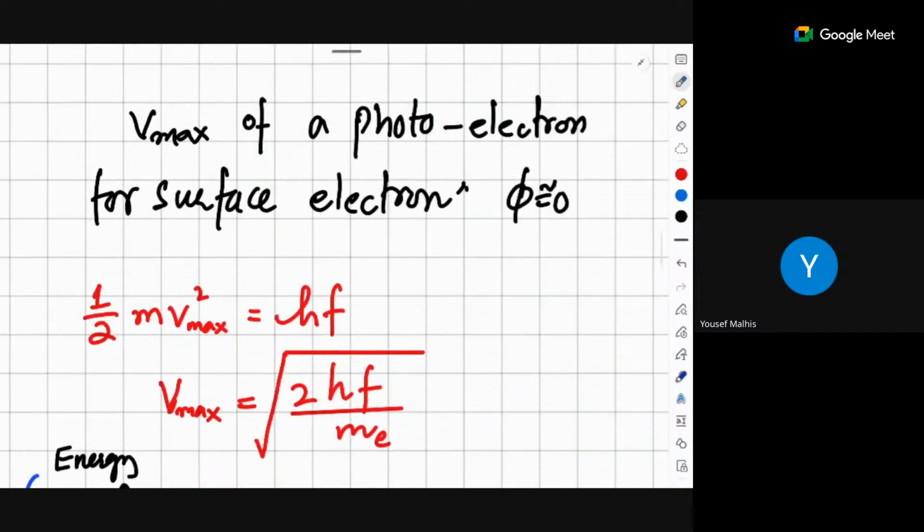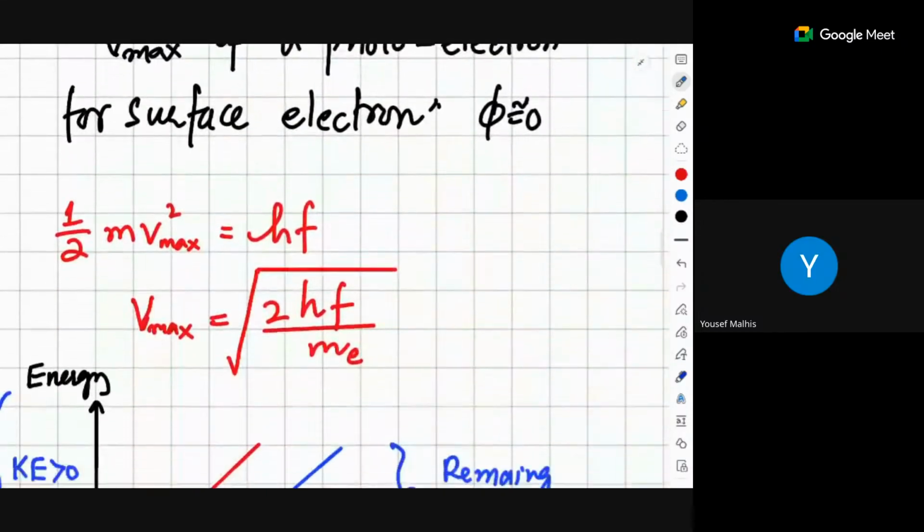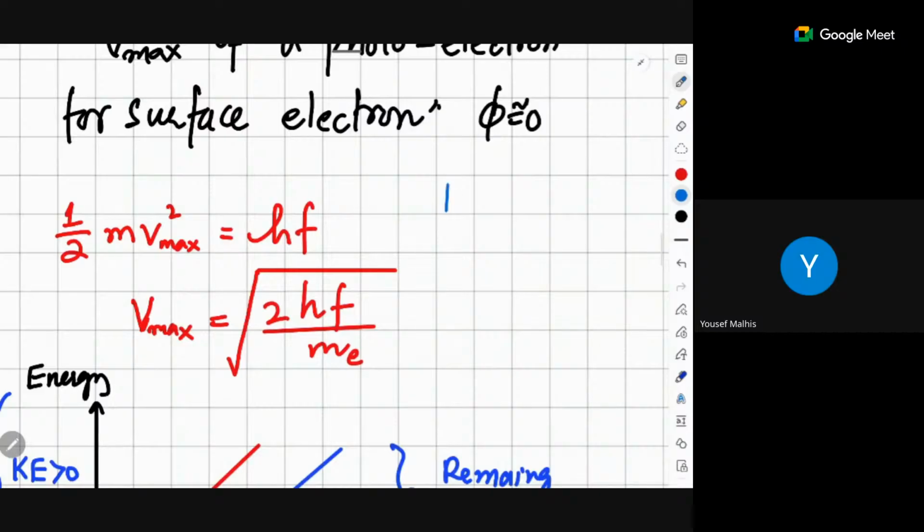So you can make the work function zero in this equation. Let me write this equation again. hf is equal to 1/2 mv square plus work function. When work function goes to 0, this is gone.